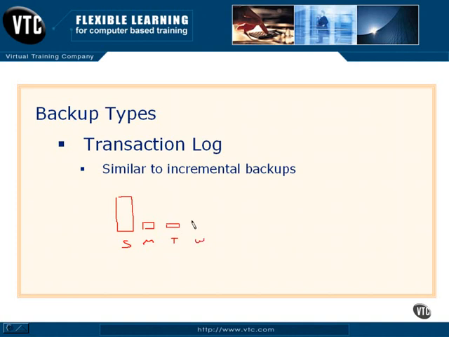Then on Wednesday, I do another transaction log, and I get just what changed on Wednesday. Notice what happens. If we have a failure on Thursday, we have to first restore the original full backup. Then we have to restore each one of the transaction log backups that we have in order. We have to replay them in order, and it basically just replays all the changes that have been made.